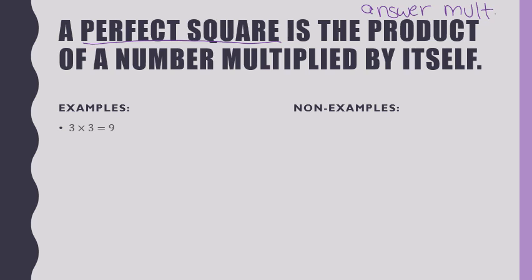If I draw this, I get a square where I have 3 as my length and 3 as my width, and that makes it a perfect square with 1, 2, 3, 4, 5, 6, 7, 8, 9 pieces. So therefore, 9 is a perfect square. Let me show you another example.